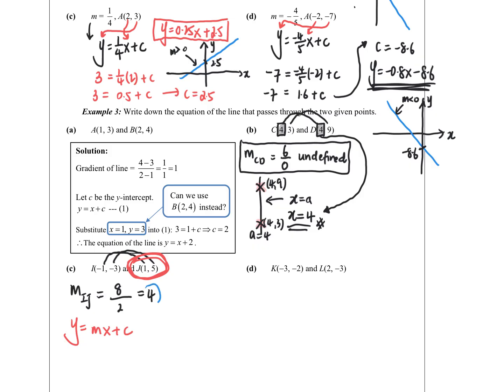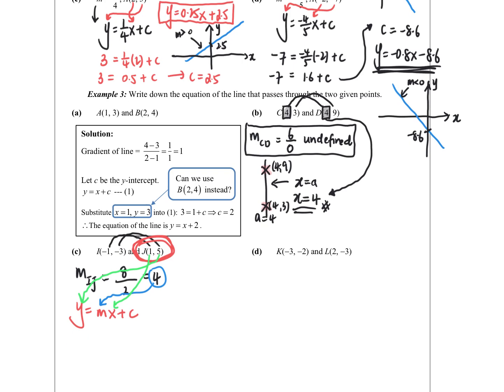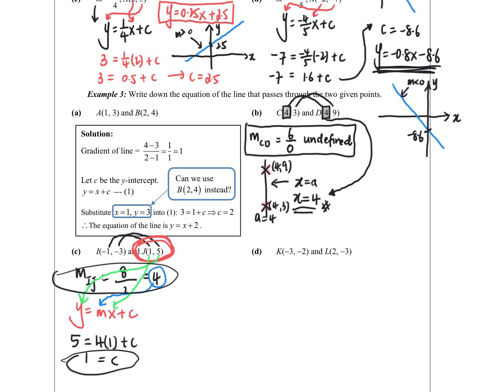I know my gradient is 4. I plug it in. I know my x is 1 and my y is 5. So just put in the points. So c is just 1. So with the y-intercept, with the gradient, your equation is y equals to 4x plus 1.